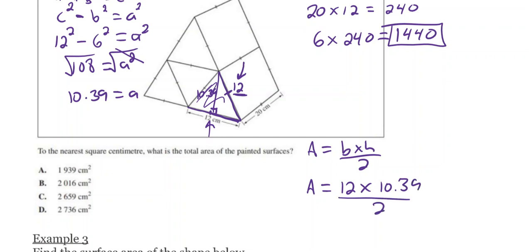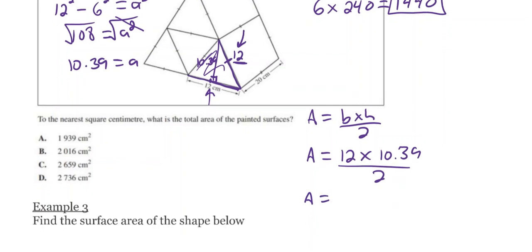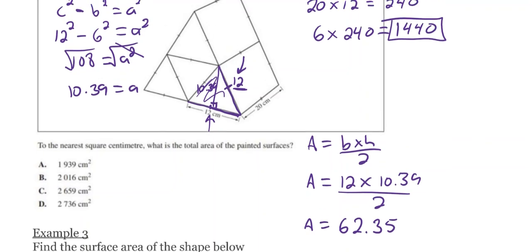Okay, and now at this moment, I'm going to find this and then I'll discuss where you might have thought that I went wrong here. But just one sec. So we're going to go 12 times that last number I found, and then divided by 2. So that gives me 62.35.